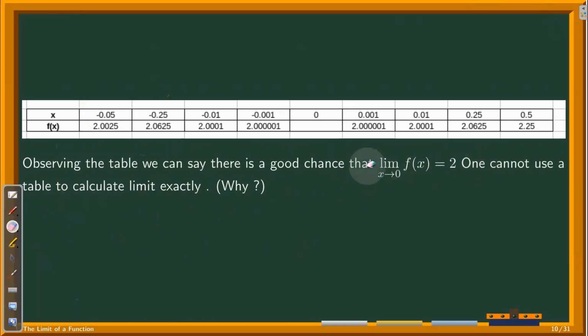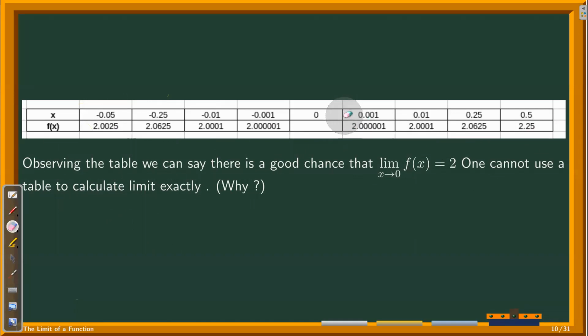Okay, the next thing. We used a graph to tell a function value, but here we are using a table. If I look at this table, if I come close to 0, I can see the function value is getting close to 2. Here I can say the value is coming towards 2.